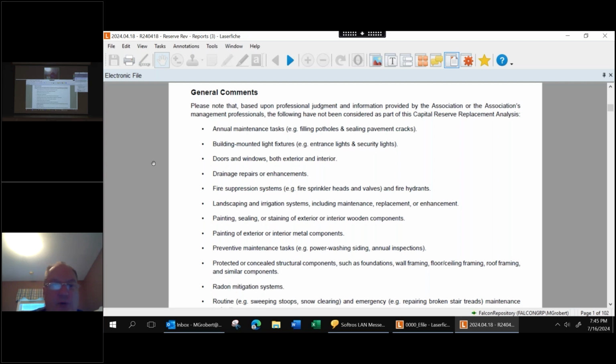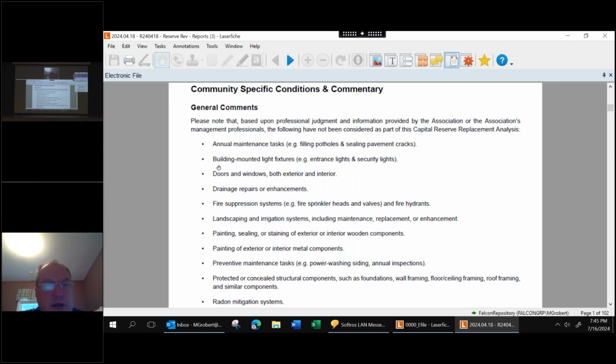It's not for annual maintenance. It's not for power washing things. It's not for painting and so forth and so on. So these exclusions: annual maintenance, building mounted light fixtures. In this case, they've been excluded. Doors and windows. This really is just for the units. We do include doors and windows in the clubhouse.